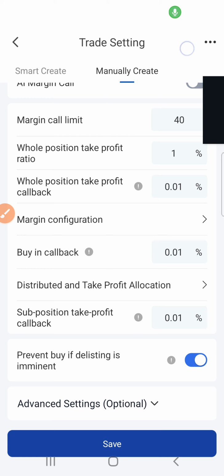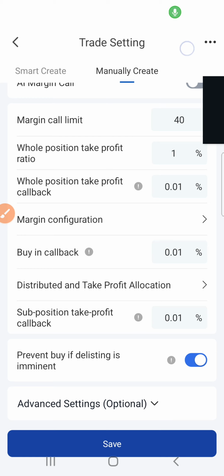In case there is no drop of 0.01, the robot will not move out of the market. The coin will continue pumping until it reaches a certain point and there is this drop of 0.01. Then the coin is going to sell.